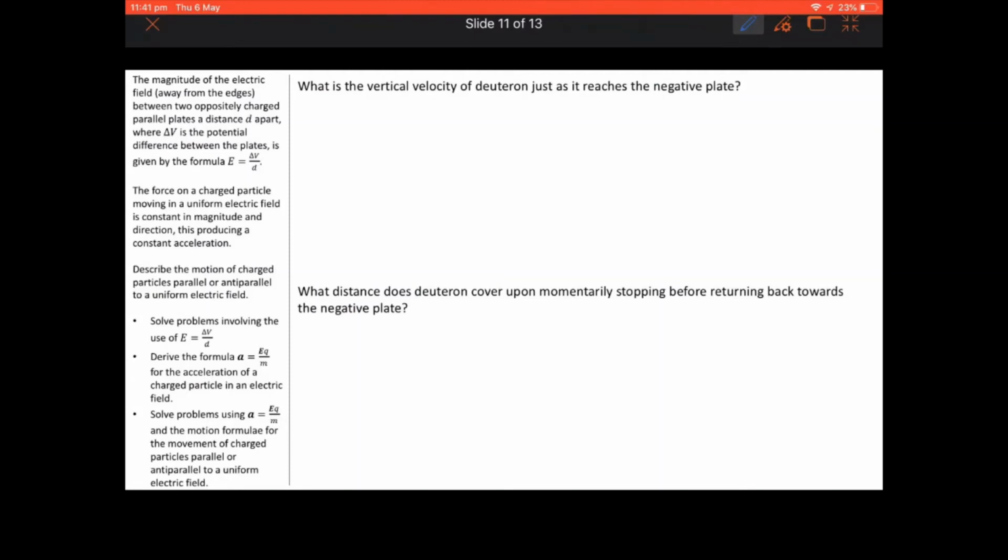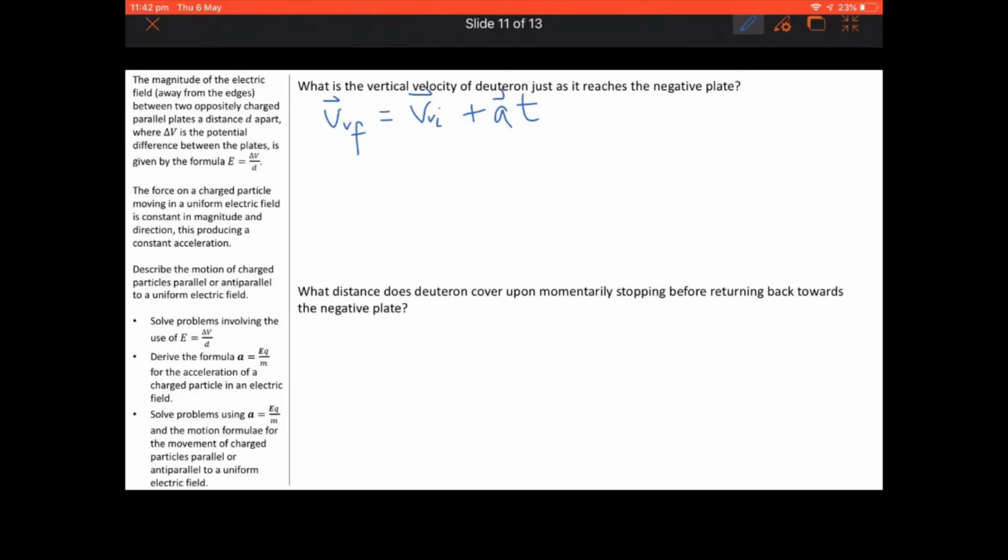And we can do this using the vertical velocity final, which will be what we're looking for, and that's equal to the vertical velocity initial plus the acceleration times time. Now, in this situation, we're going to think about the deuteron particle as it's already reached that point between the two charged plates where it's momentarily stopping and then turning back to come back towards the negative plate.